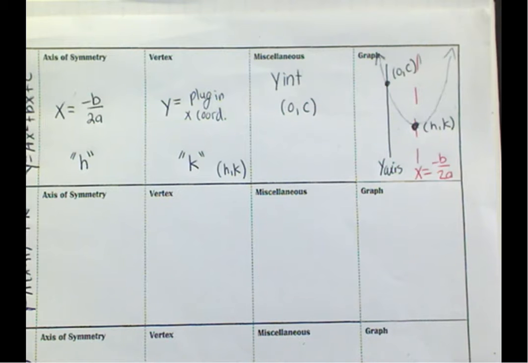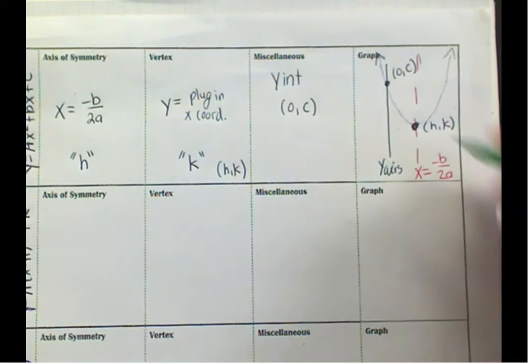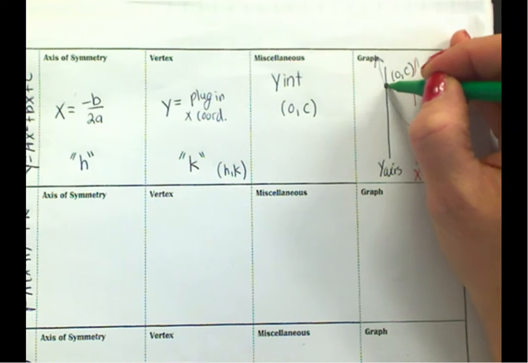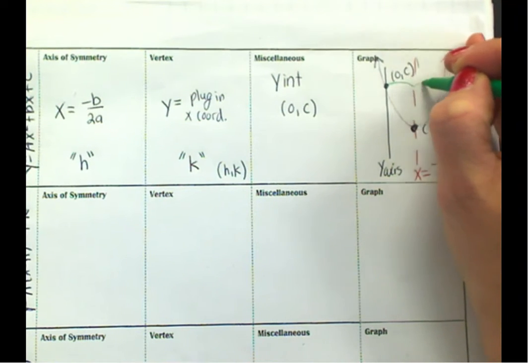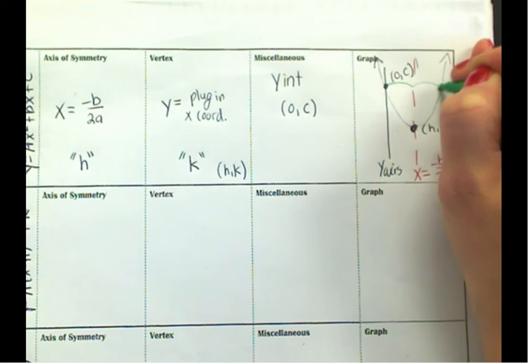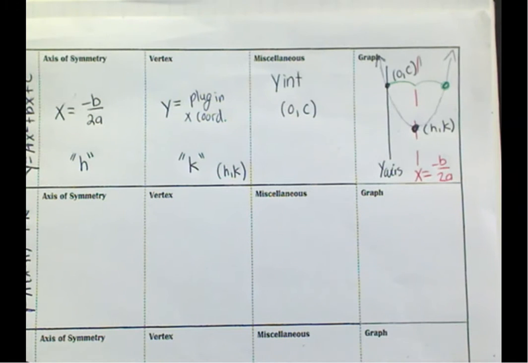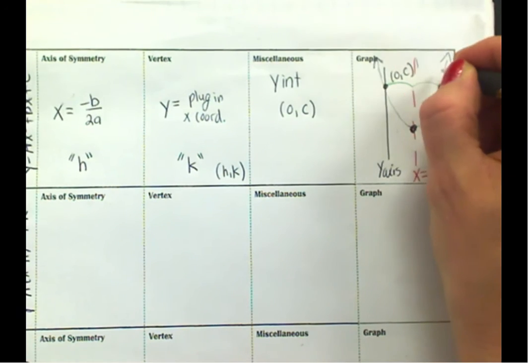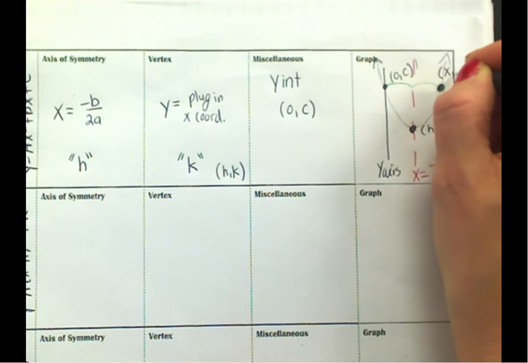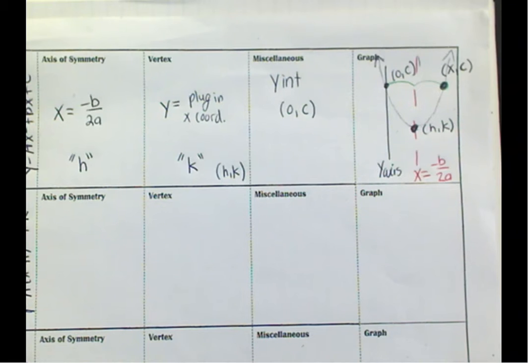And there's one other point we're going to put on this graph, because I need 3 points. Right there. It's that symmetric point. See the symmetry right across that axis there? That is my 3rd point that goes on this graph. And I'm just going to put x, comma, c, because I'm not exactly sure where it's going to reflect to. I just know that it does reflect.